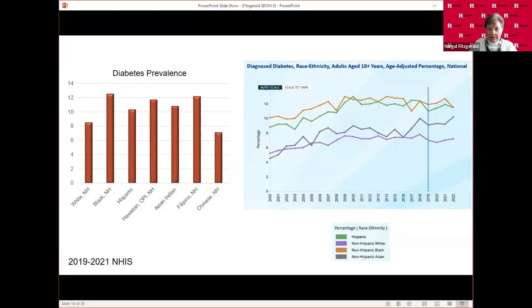And I want to draw your attention to the upward increase in that category and the separation of the lines over the years, basically representing the different levels of diabetes among different racial ethnic groups here. And the lowest diabetes prevalence rate has consistently belonged to the non-Hispanic white population in the purple bar.